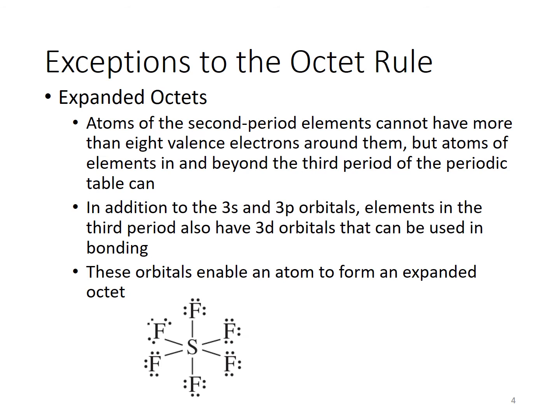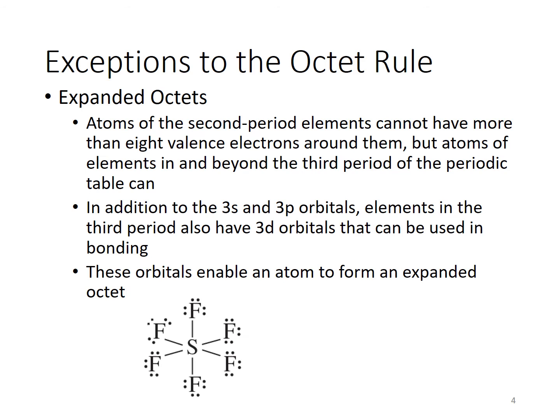So once you get to the 3s and 3p orbitals, elements in the third row, they actually do have 3d orbitals available to them. It doesn't mean that they have electrons in those 3d orbitals, right? Let's say sulfur. If you take a look at sulfur, its valence electrons are the 3p electrons. What it's saying is it's close enough in energy to 3d electrons that if it needed to, it could expand its octet beyond just the 3s2, 3p6.